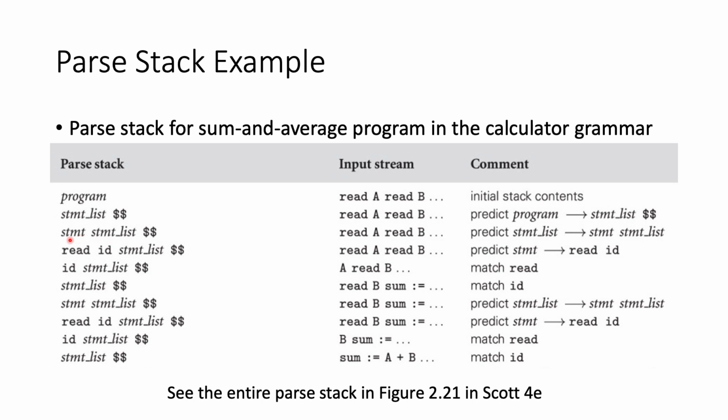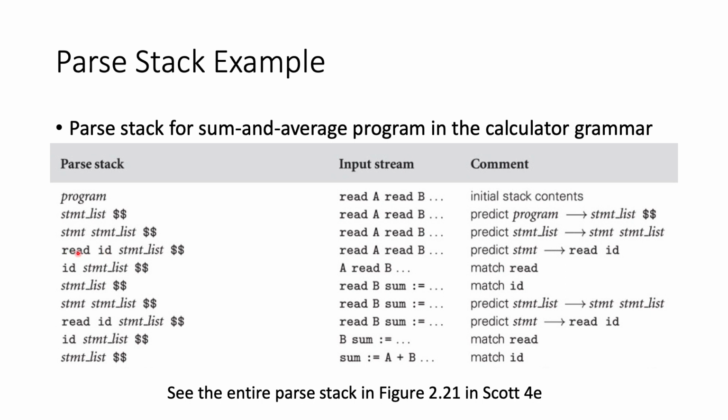So now the top of stack is stmt, and we predict the production stmt to read ID. Then stmt is popped off the stack, and the sequence read ID is pushed onto the stack in reverse order.